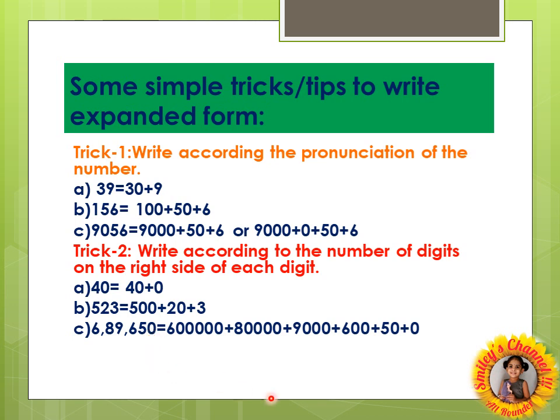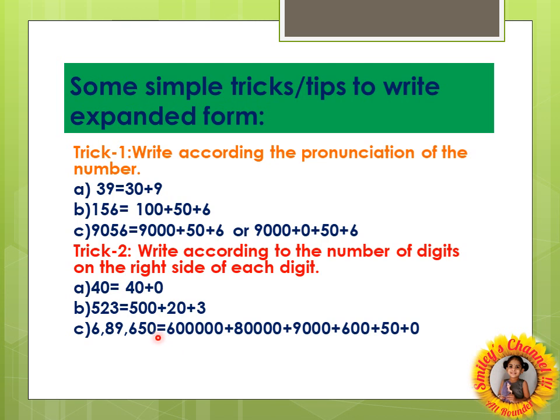2 digits. So 2 zeros plus next one, next number is number 5. So after 5, how many digits we have? Only 1. So 5, 0. 1, 0 we need to put. So 50. After 5, which number we have? 0. Directly 0 you can write, children.